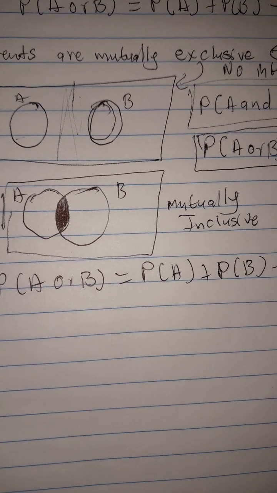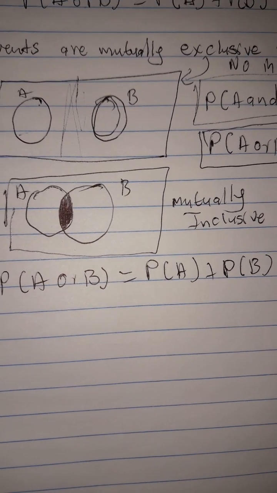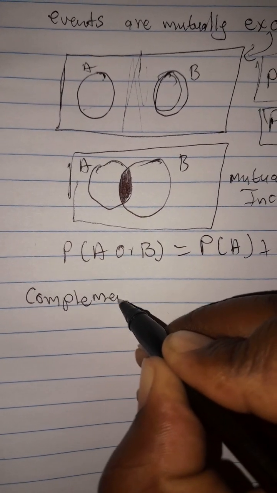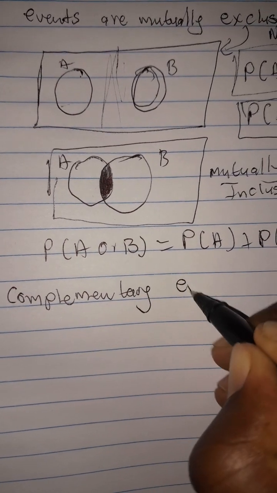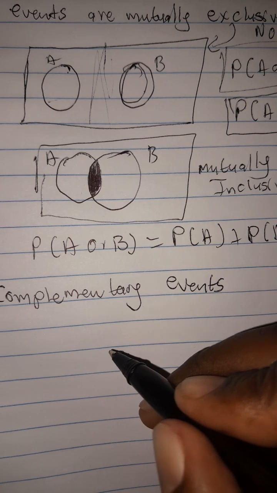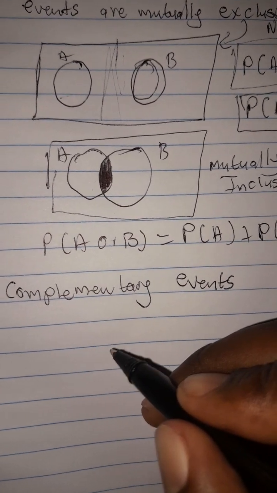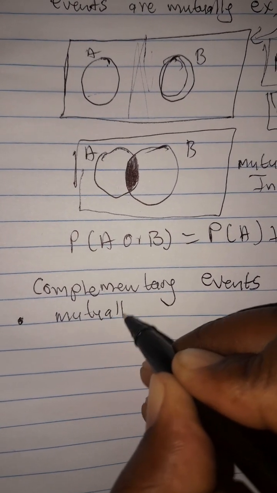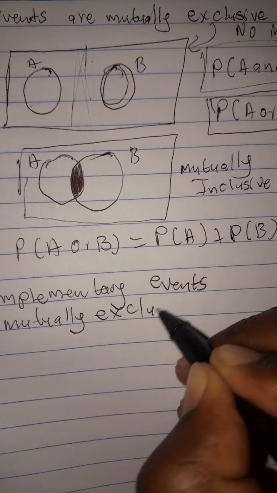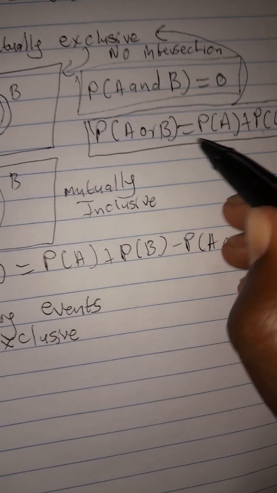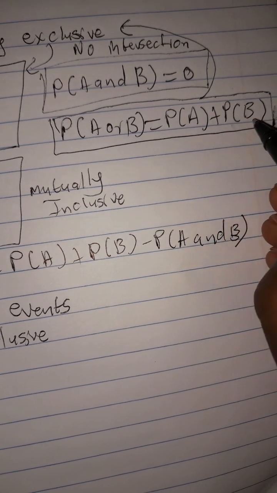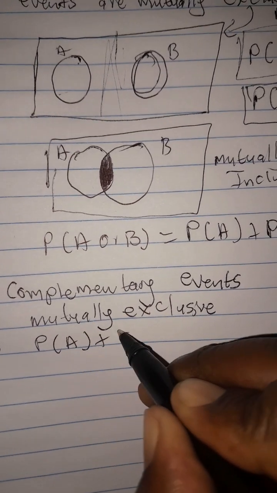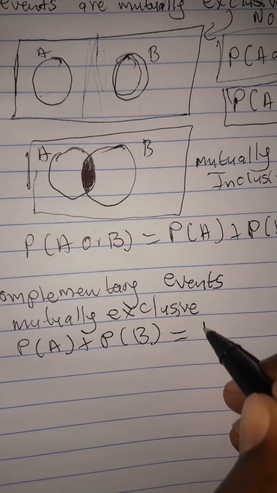Another thing, there are other events that are said to be complementary. What are complementary events? For events to be complementary, they must meet two conditions. One, they must be mutually exclusive, meaning we can use this formula: the probability of A or B is equal to the probability of A plus B. Two, the probability of A plus the probability of B, when you add them, you are going to get 1.